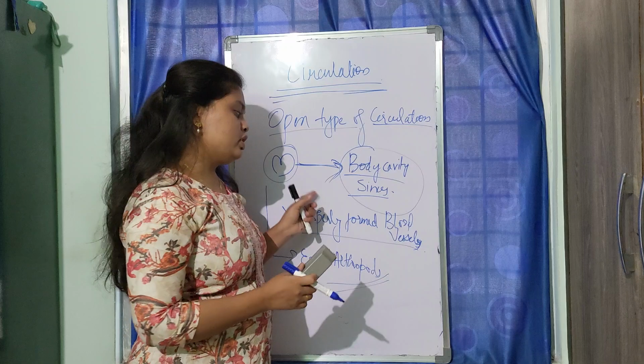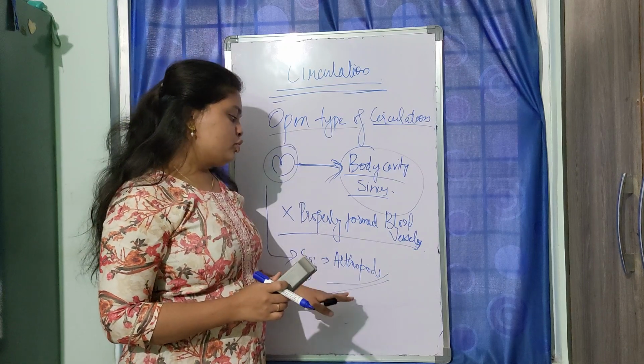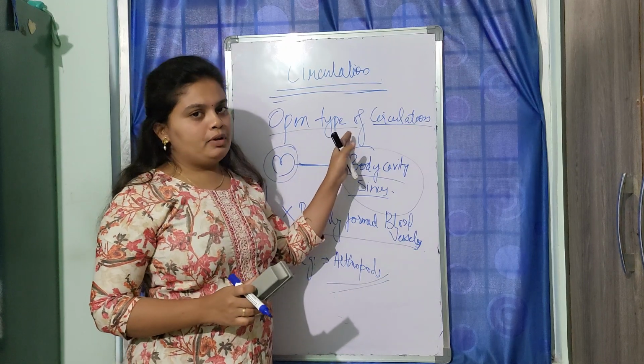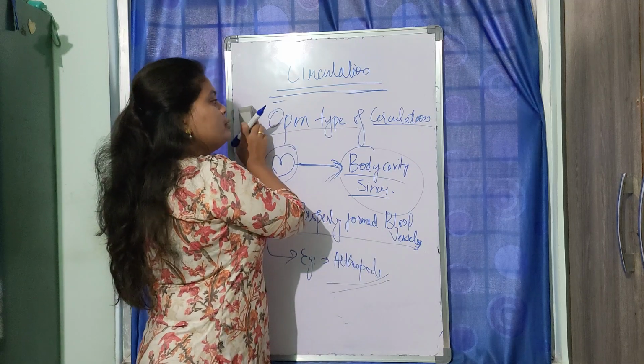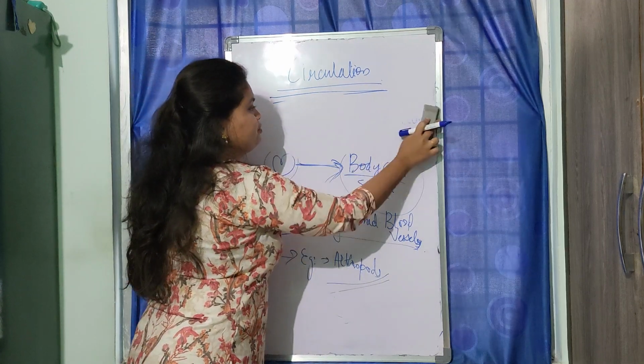So this type of circulation is seen in arthropods and it is called open type of circulation. Next, let's come to closed type of circulation.